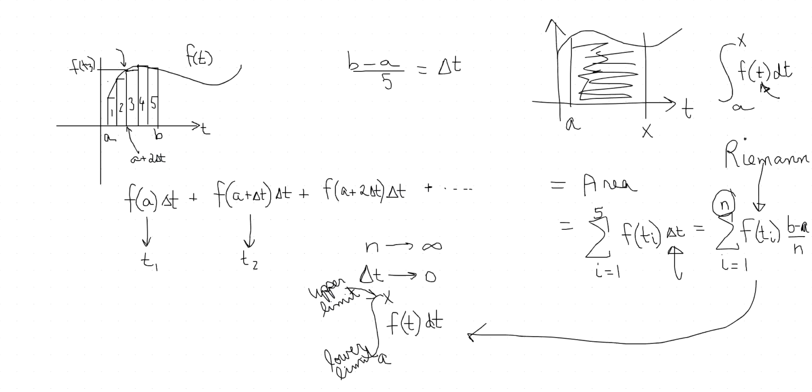But the t variables inside the integral represent all of the values that we are sampling as we add the rectangle areas. So the t and the x have different roles, different meanings. The x is a specific point on the t-axis, and this t variable represents all of the values between a and x that you use to get the area.